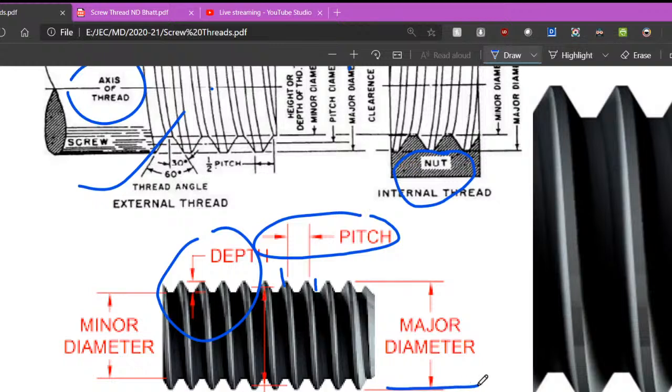Then major diameter and minor diameter from root to root, and pitch diameter, as we discussed, consider an imaginary line where the thread thickness is equal to the groove width.